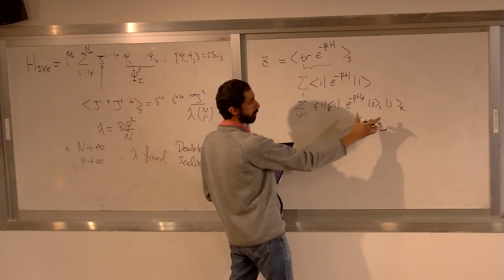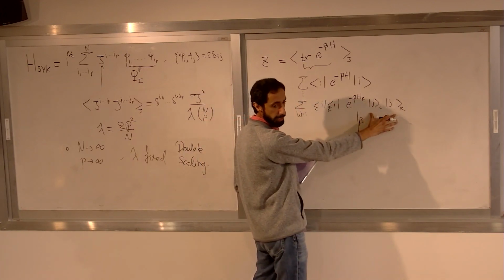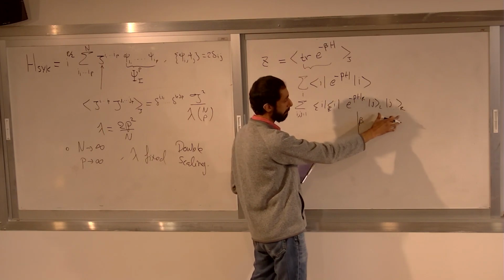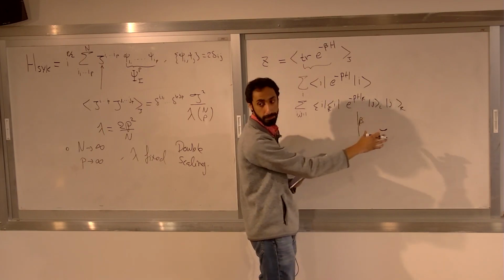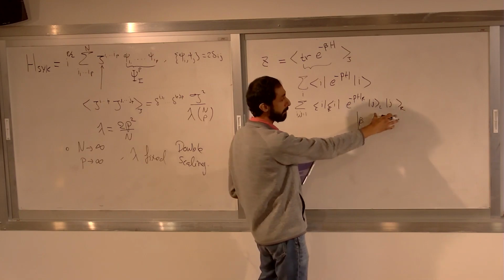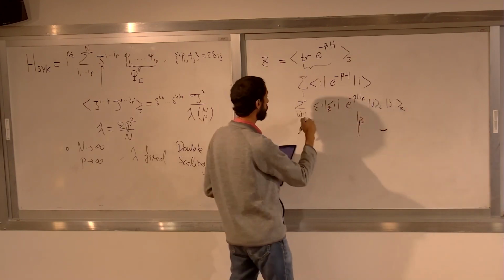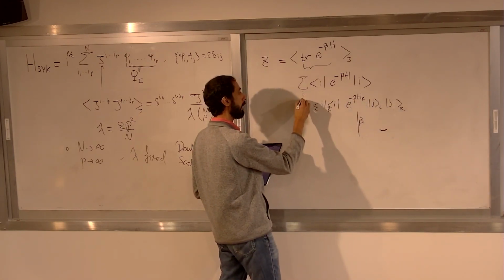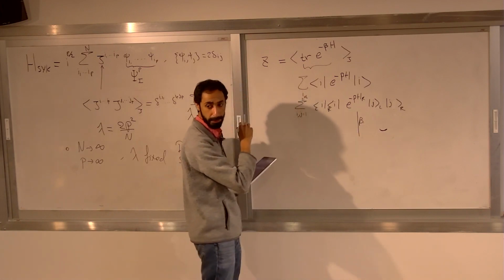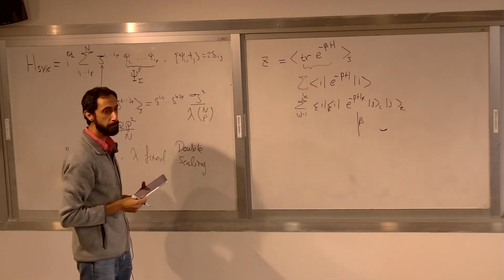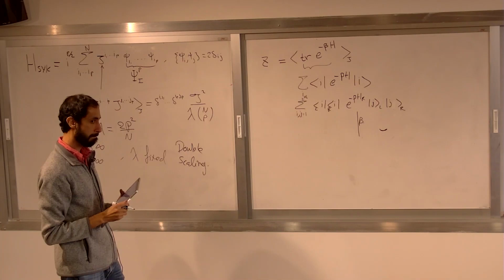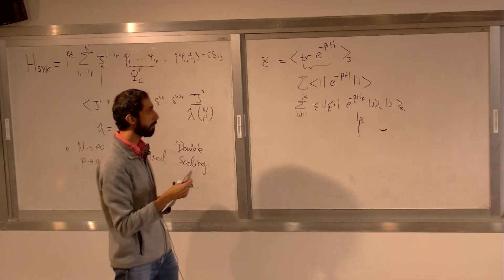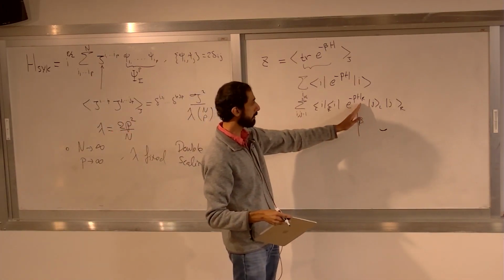I'm summing over J, so this is supposed to be a maximally entangled state in the 2 copies of the SYK system. And this goes from 1 to, I guess, 2 to the n over 2. That's the size of the Hilbert space. The Hamiltonian acts only on the right, not on the left? Correct. Right now, I'm writing it as acting only on the right.